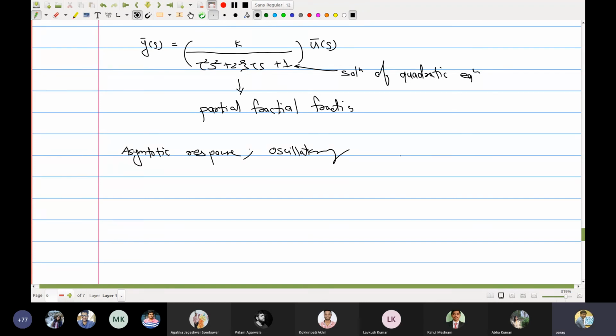Again, if you compare it with the state space domain modeling, you will find that it's exactly the same thing which happens.